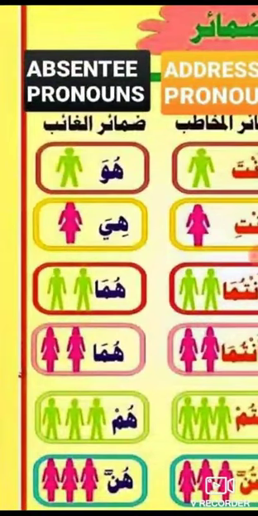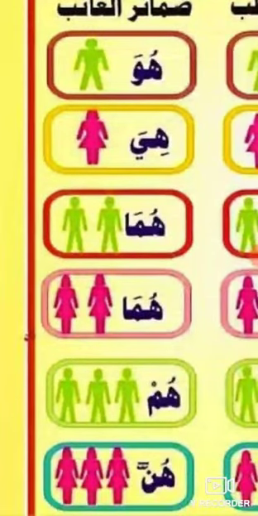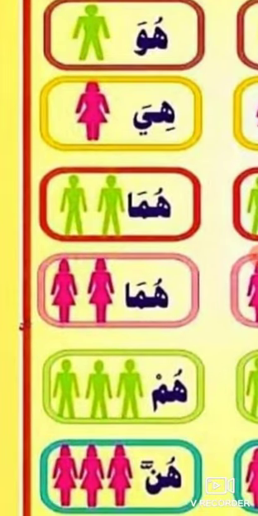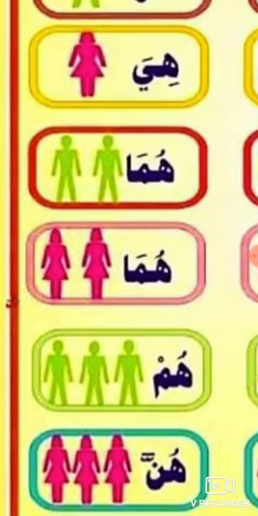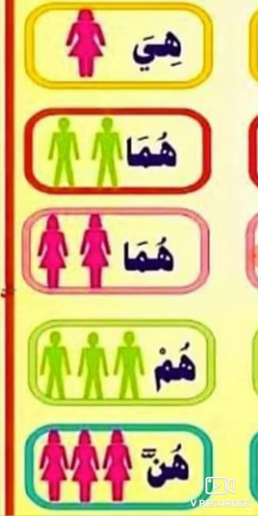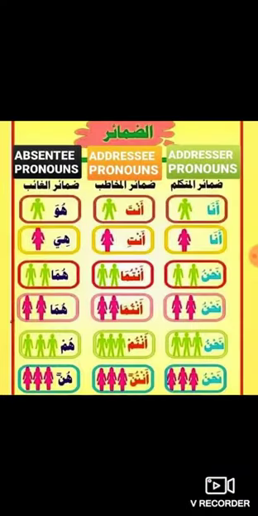Absentee pronouns or third person pronouns, huwa, he, hiya, she, huma, they both, male, female, same. And the multi-pronoun is more than 2, 3 and above. 3 males, hum, or more. Hum, they all, for males. And hun, they all, for females. So it's really clear right now.